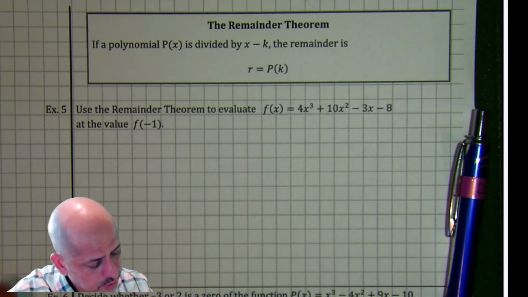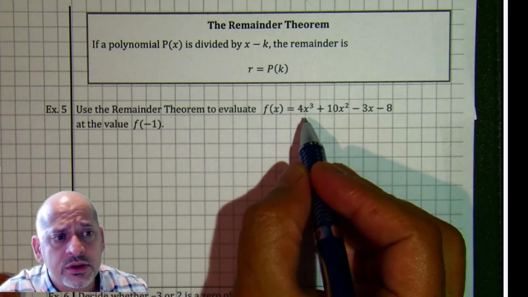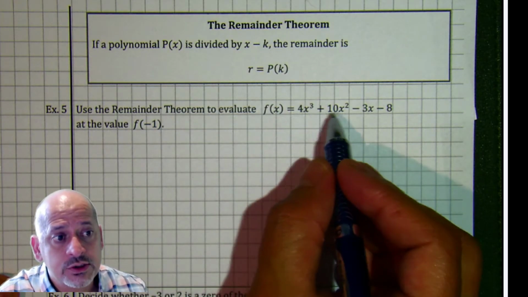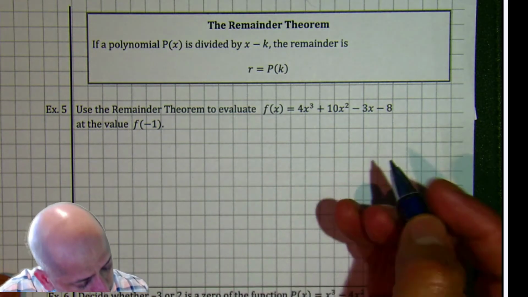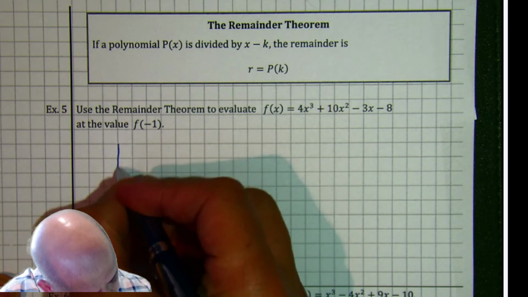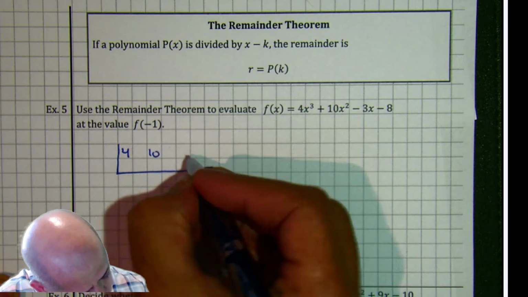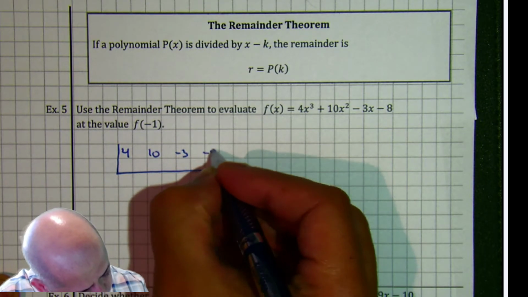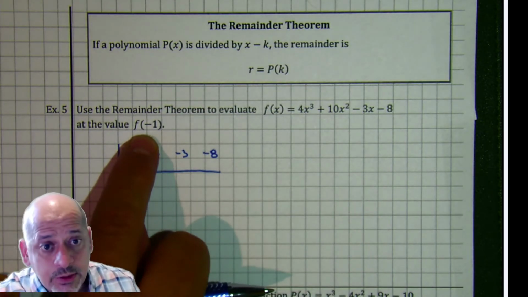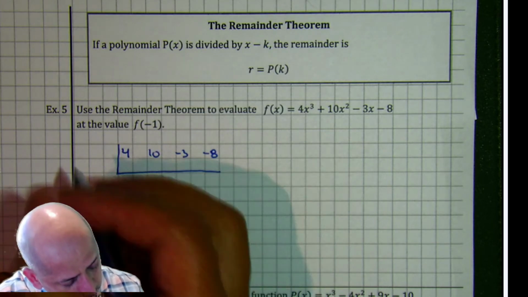So therefore, am I missing any zeros for x to the third, x squared, x, and then the number? No. So therefore, I can just place my coefficients, which are 4, 10, -3, and -8. Outside will be x equal to -1.